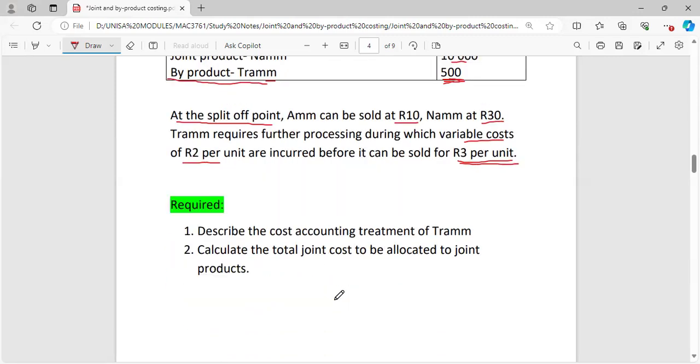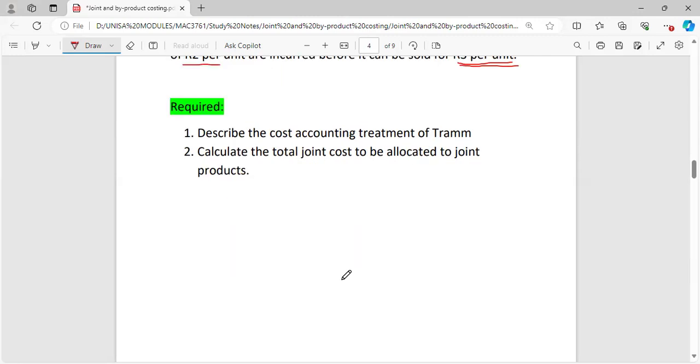Right. So the first part of the question says, describe the cost accounting treatment of tram. They want us to describe the cost accounting treatment of tram. How are we going to describe it?